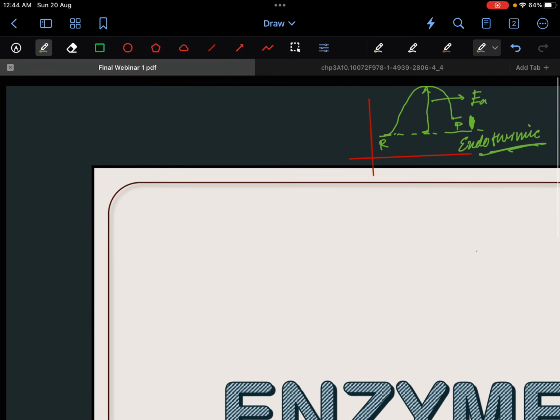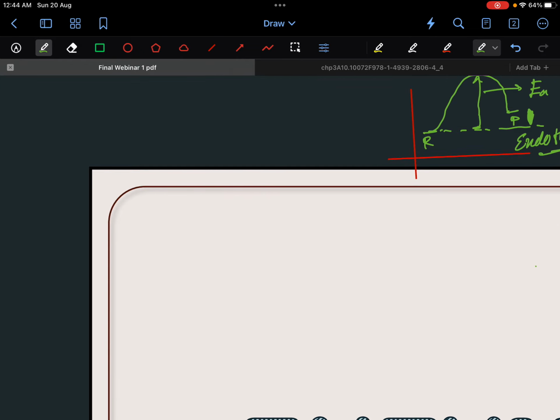Now let's dive in. For any reaction to happen, there are three criteria that we need to consider. Whenever two molecules are hitting each other, the collision is important for any reaction to happen.